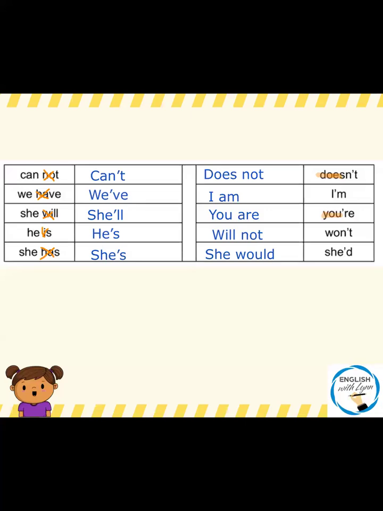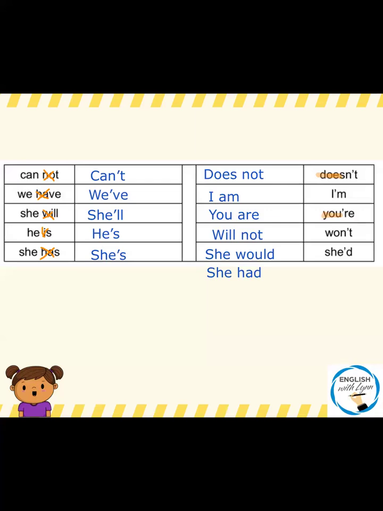So just be careful with this one. If you're saying she would go to the park, you wouldn't say she had to go to the park. You would say she would go to the park. If you say she had brown hair, you're talking about she had brown hair rather than she would brown hair. Doesn't make sense. Okay. So those are the apostrophes for the contractions.